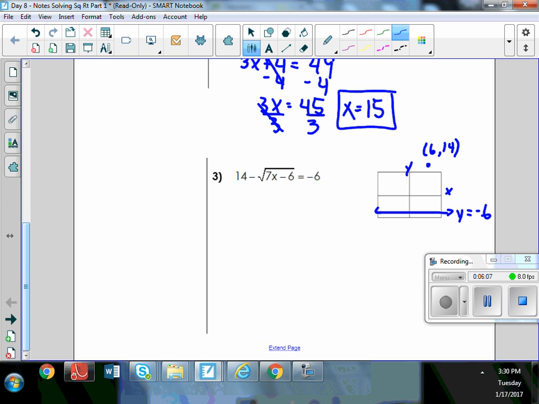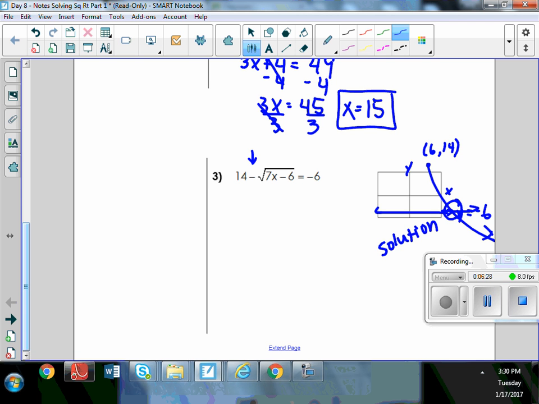And then I have a negative sign in the front. What does that negative sign tell me? Yeah, it's going to reflect over the x-axis, so it's going to open down. Because that line goes on forever and ever, there's going to be a solution.